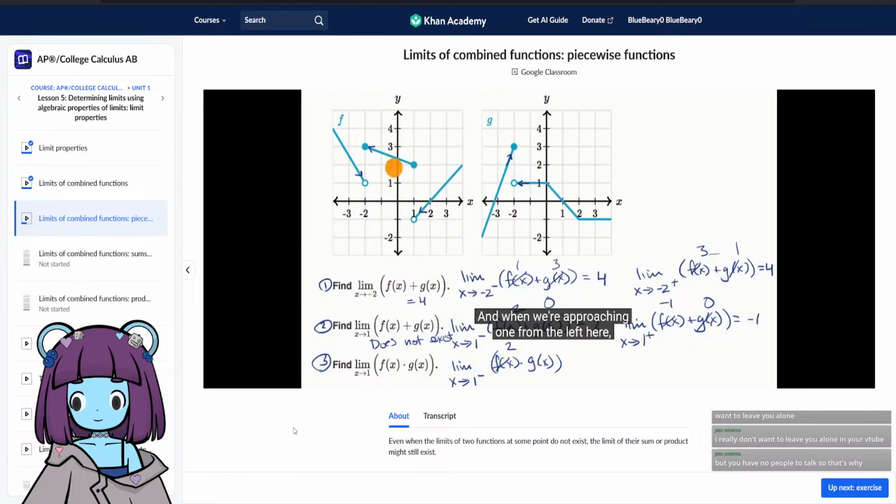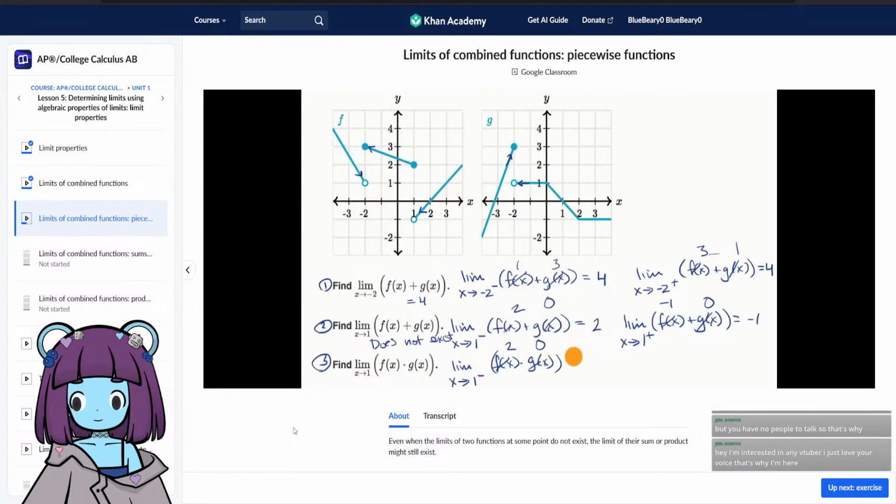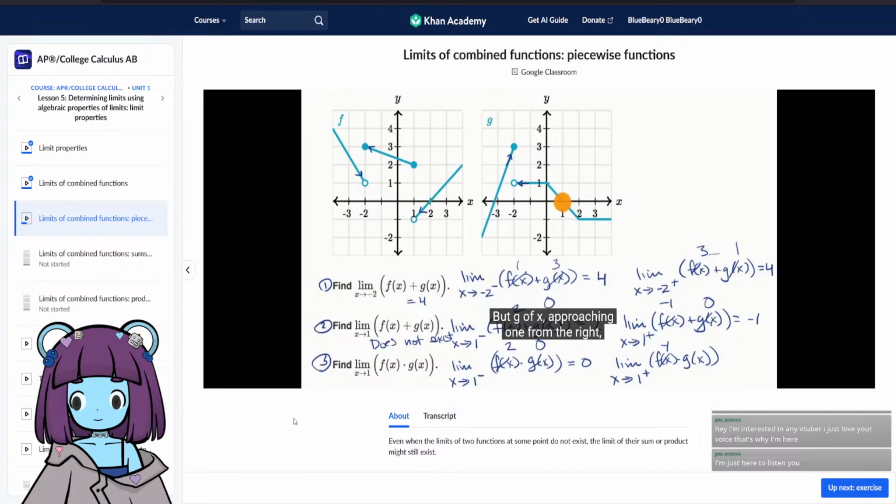On the left, 1, 0, so that equals 0. 1, 0, so is the limit 0?